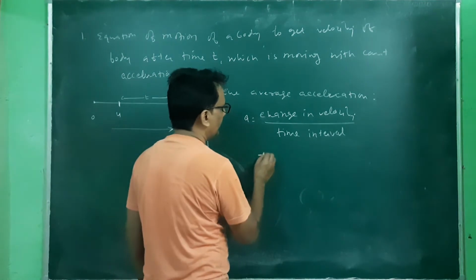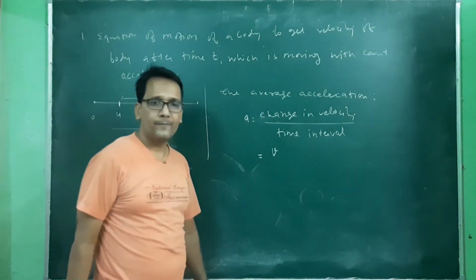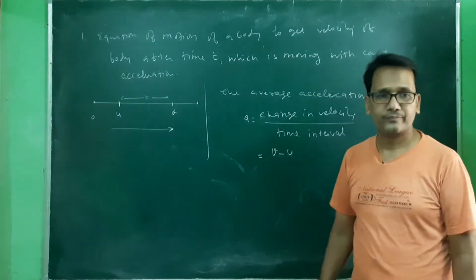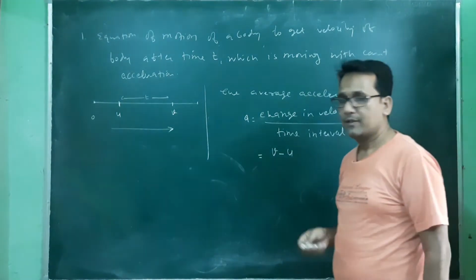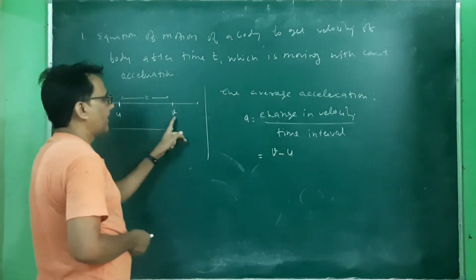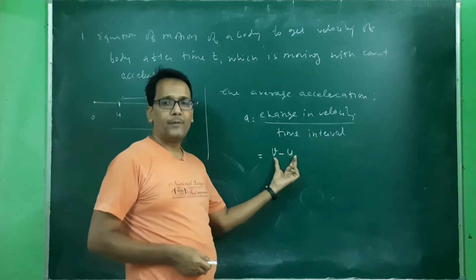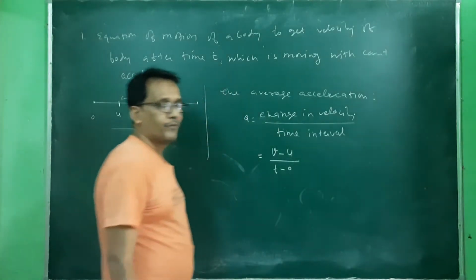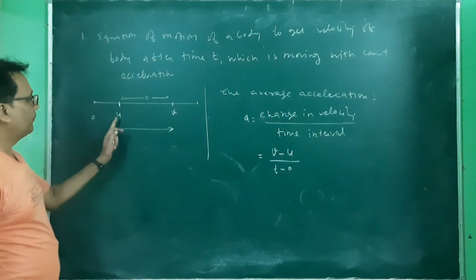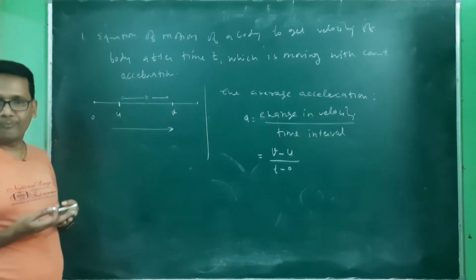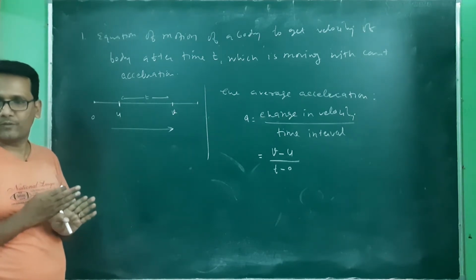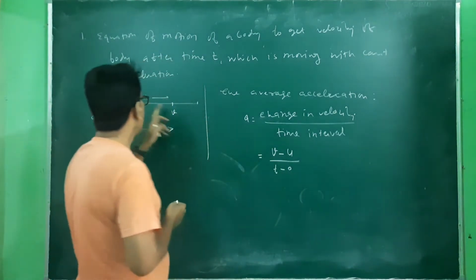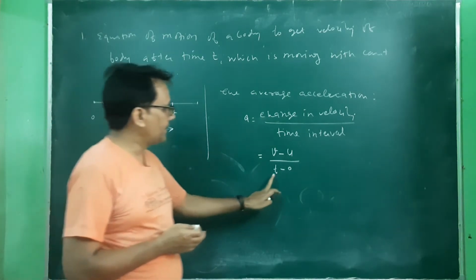The change in velocity is final velocity v minus initial velocity u, upon t minus 0. Initially the time t is equal to 0, we are starting the measurement from that particular time. In general the initial time is taken as 0, and after time t its velocity becomes v.